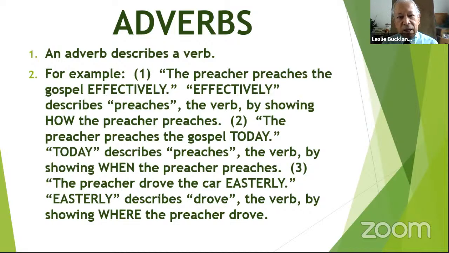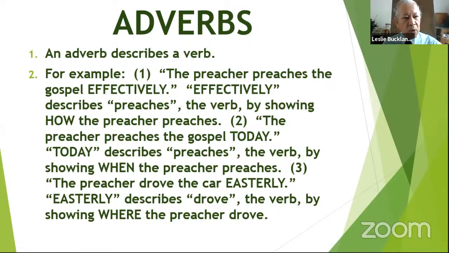It tells you more information about what the verb is doing. The verb is partly a doing word. So the adverb is describing a verb, telling you more about what it is doing and how it is doing and when it is doing and where it is doing. It gives you more information about the verb.